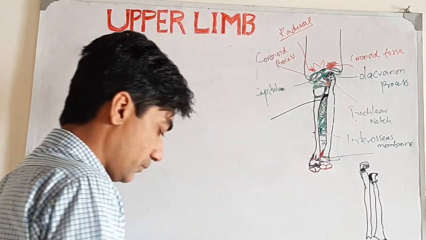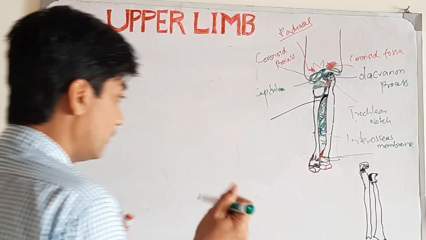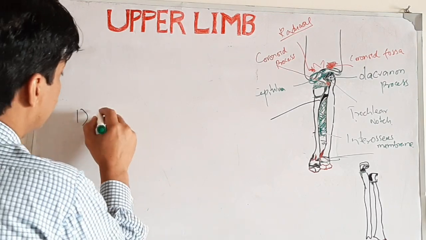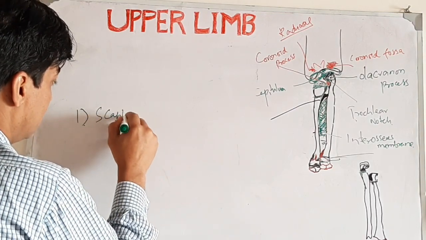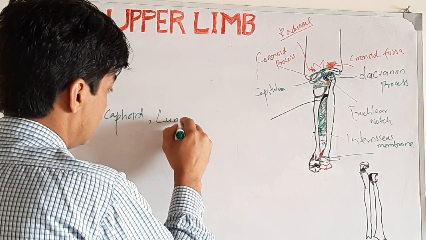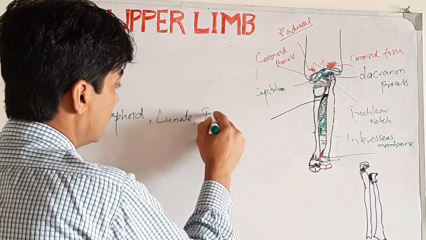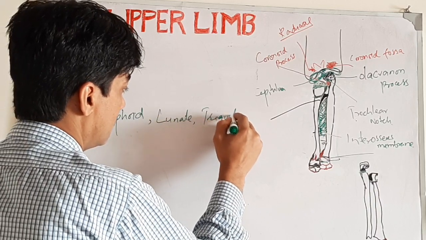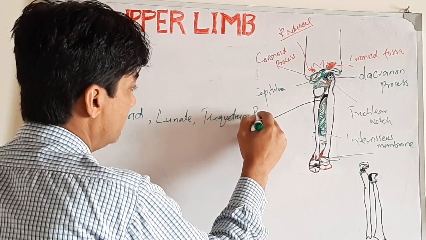In the first row: scaphoid, lunate, triquetrum and pisiform.